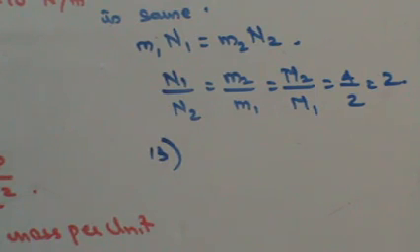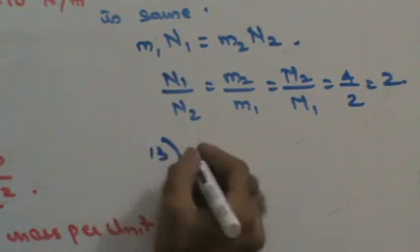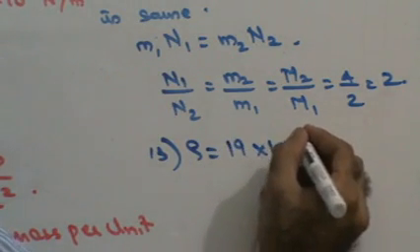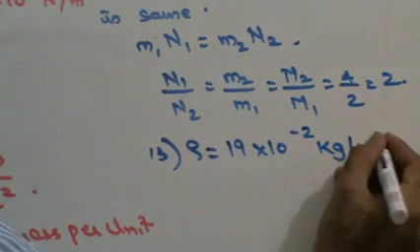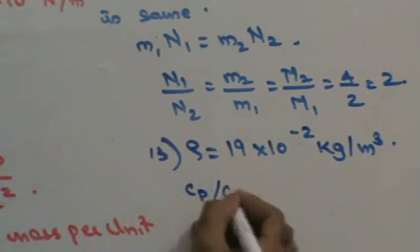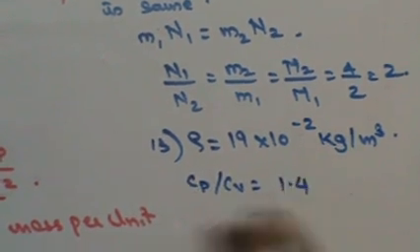Calculate the specific heat of gas at constant volume if the density of gas is 19 into 10 raised to minus 2 kgs per meter cube. Cp upon Cv is 1.4.